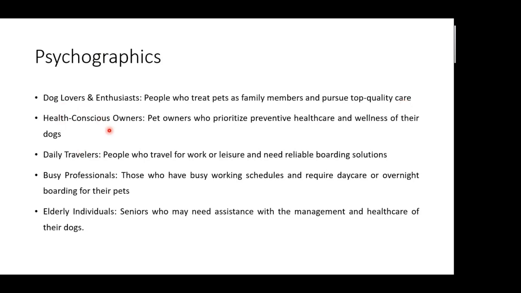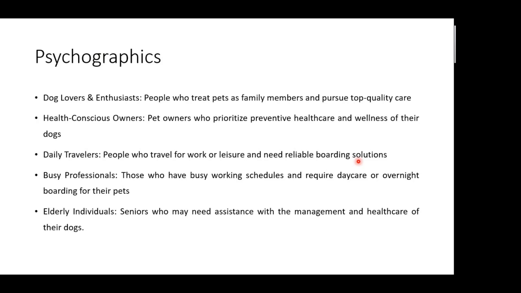Health conscious owners, the pet owners who prioritize preventive health care and wellness for their dogs. The daily travelers, people who travel for work or leisure and need reliable boarding solutions for their pets.